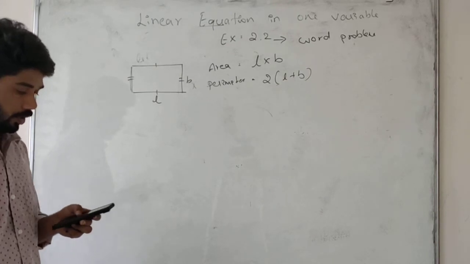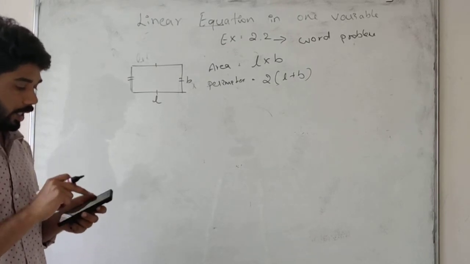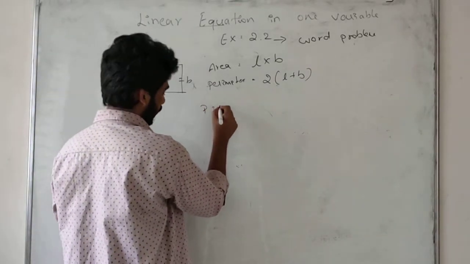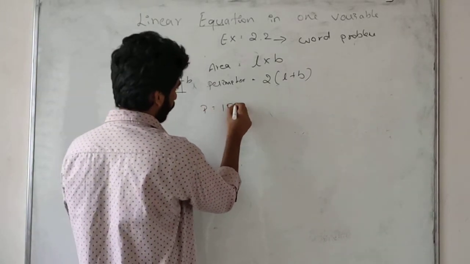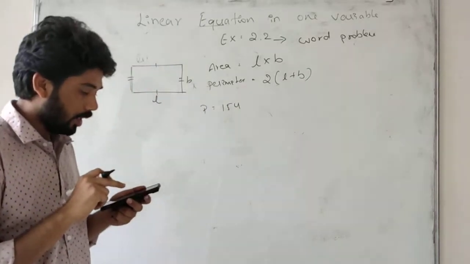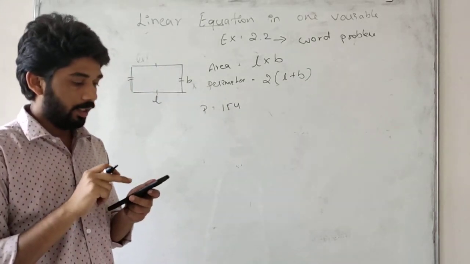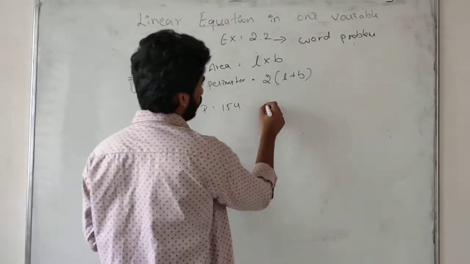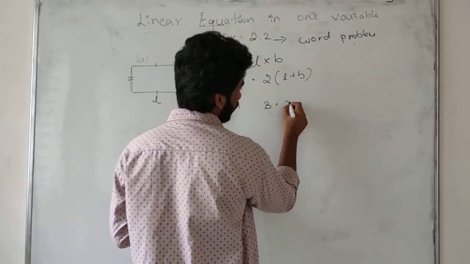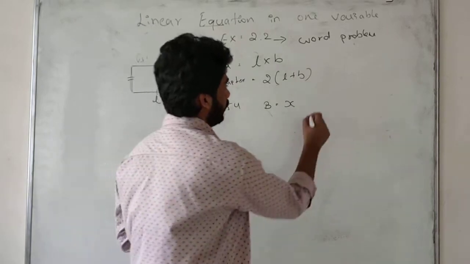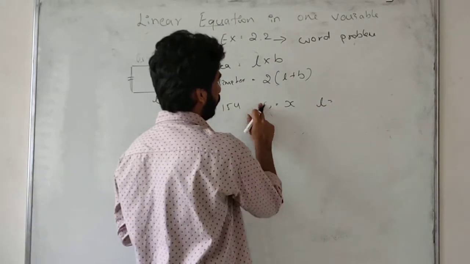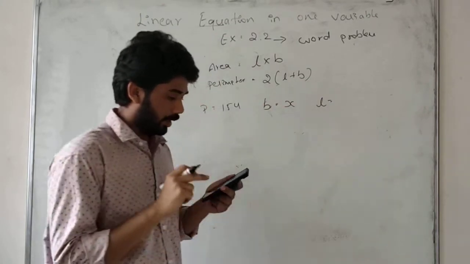Now the question: the perimeter of a rectangular pool is 154. So P is given as 154. Its length is 2 meters more than twice its breadth. So breadth I take as x.